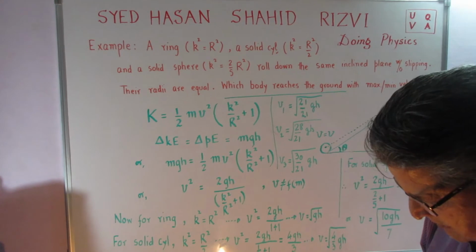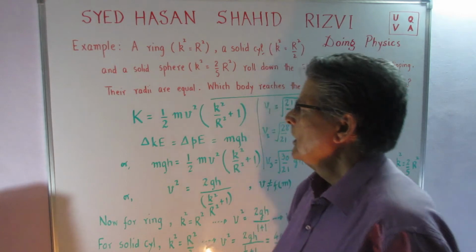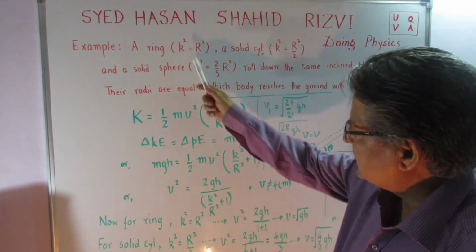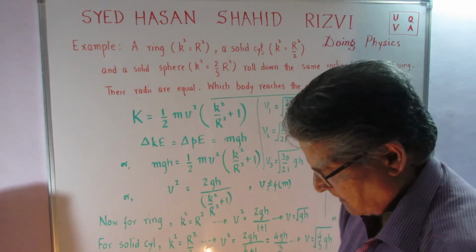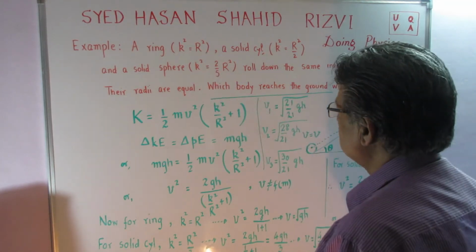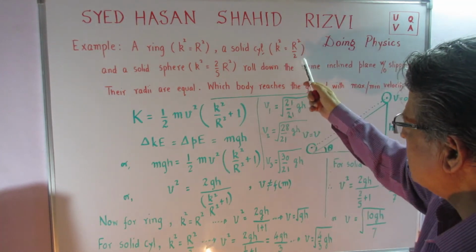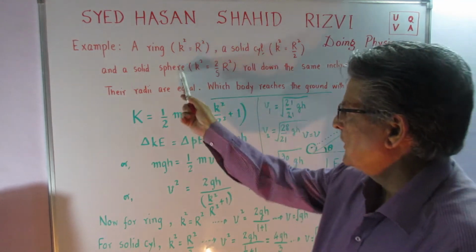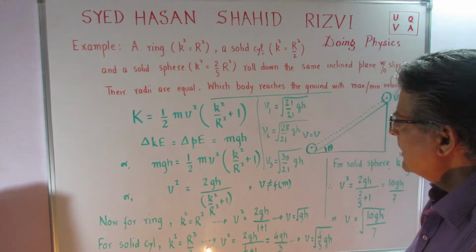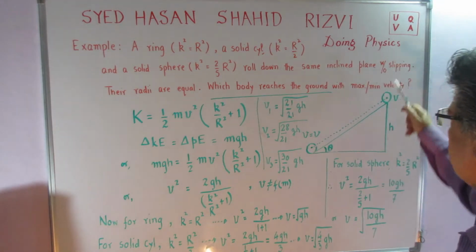Okay, now let us take an example of rolling motion. So here is a very simple example often solved in most of the books. The example is that a ring with k square equal to r square, that is the radius of gyration square is equal to the radius of the ring square, a solid cylinder, k square is equal to r square by 2, and a solid sphere where k square is equal to 2 by 5 r square, are made to roll down the same inclined plane without slipping.